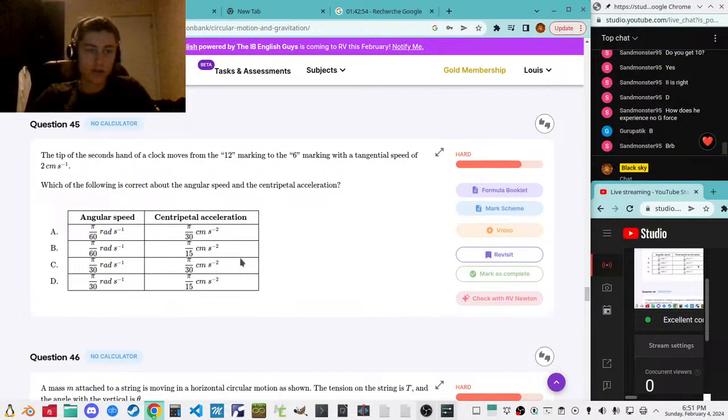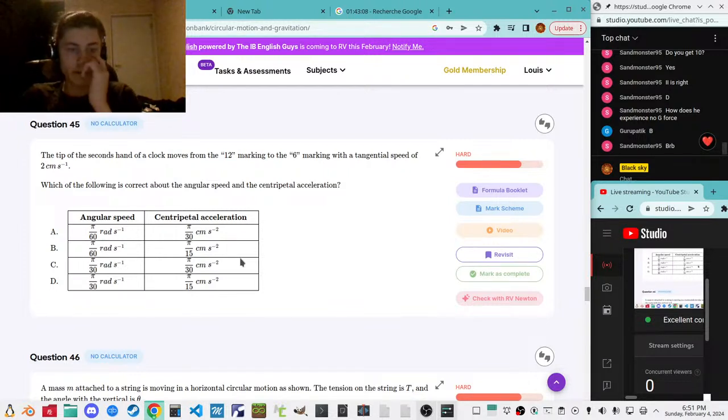Another bullshit question. The tip of the second hand of the clock moves from the 12 to the 6, 180 degrees, marking with a tangential speed of 2 centimeters per second. Which of the following is correct about the angular speed, the centripetal acceleration and the centripetal?